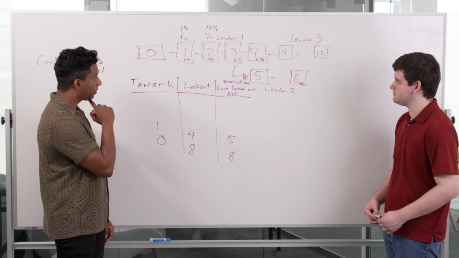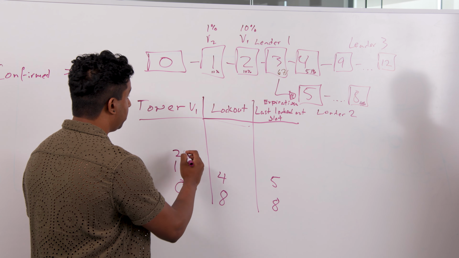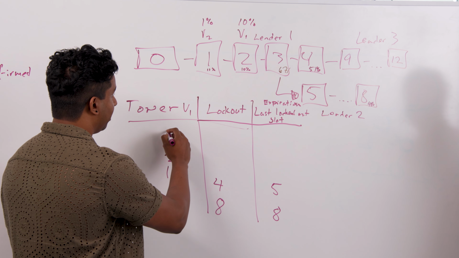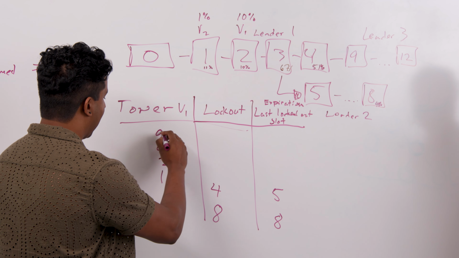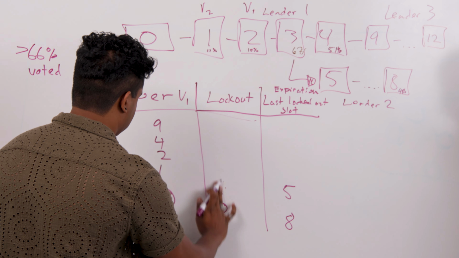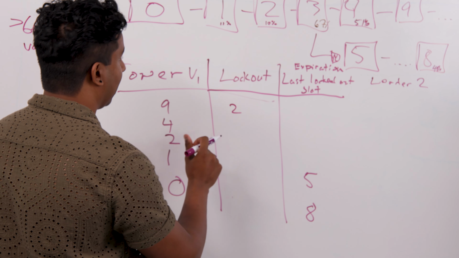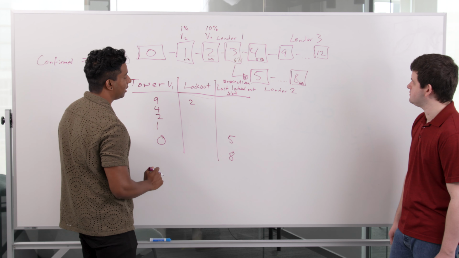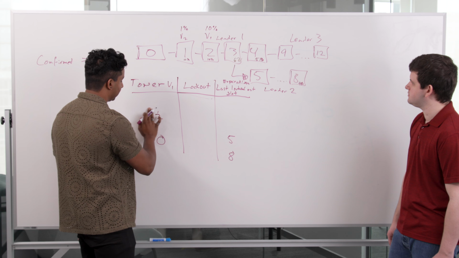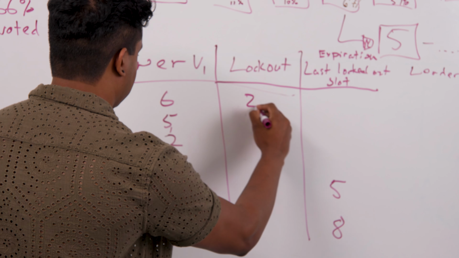Okay. So let's say in this example, you voted on 2, you voted on 4, and then you voted on 9. Actually, let's do it the other way. So you voted on 5 and 6. Okay.